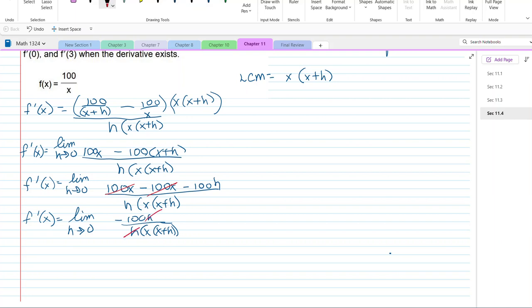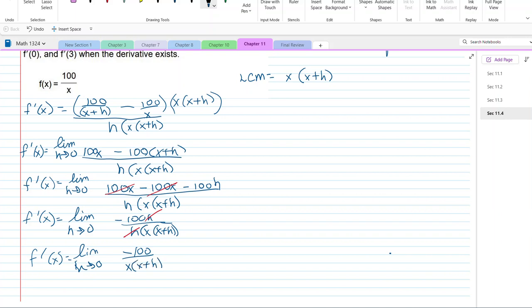So I cancel out the h's, and I'm left with, now later on we're going to do the rules in the second portion of this course, and we'll do all the quick and dirty rules so we can cut to the quick. Negative 100 over x times x plus h.